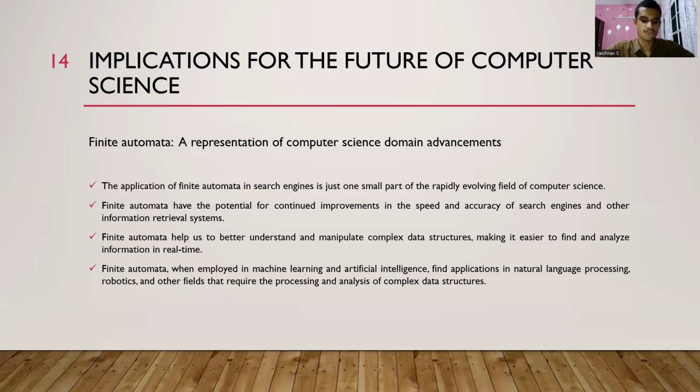Additionally, the use of finite automata and other models in search engines has implications for natural language processing, robotics, and other fields that require the processing and analysis of complex data structures. By developing new algorithms and techniques for analyzing and manipulating these data structures, we can unlock new insights and capabilities that were previously impossible. In conclusion, as we continue to develop such new techniques and models, the potential for innovation and discovery in this field is truly limitless.